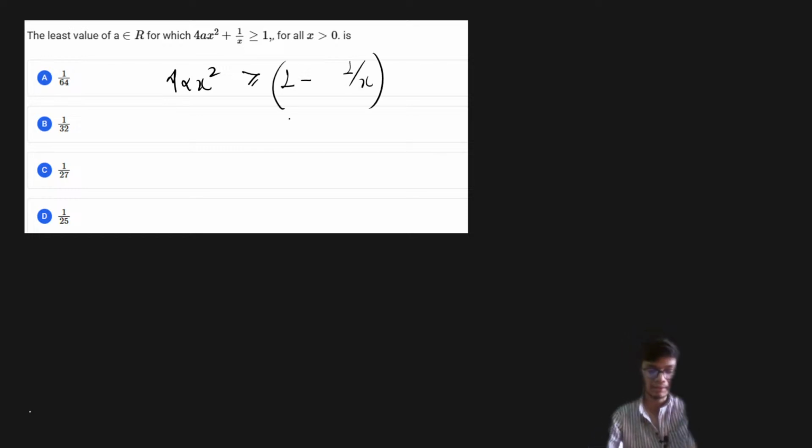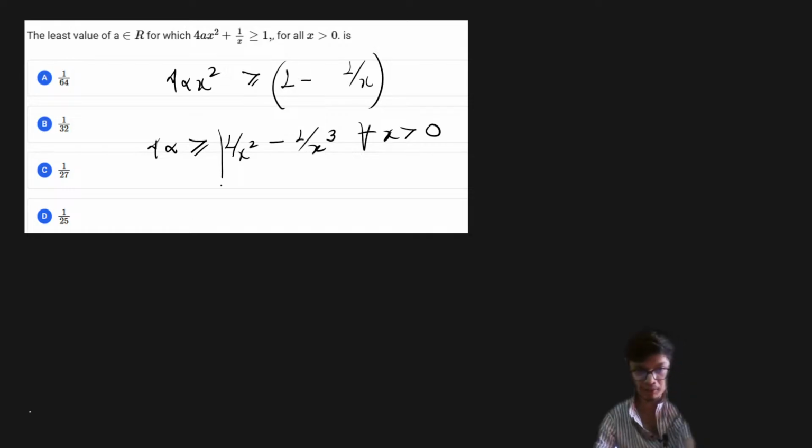Now if I divide by x square on both sides, since x is greater than 0, I can divide it easily, and the sign of the inequality remains the same. So 4 alpha is greater than 1 upon x squared minus 1 upon x cube for all x greater than 0.